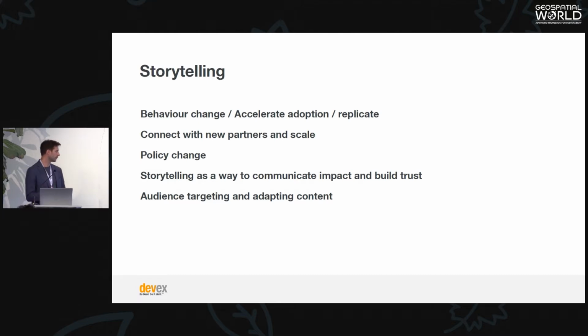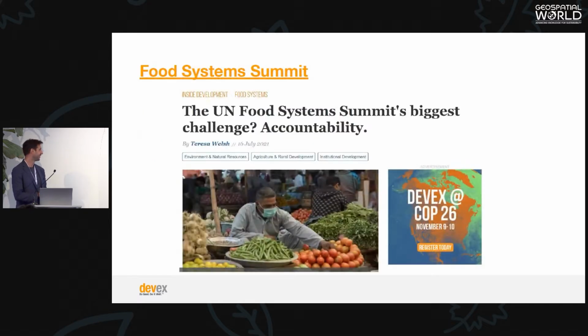And storytelling as a way to communicate impact and build trust. And then it's very important when you work with storytelling platforms or partners to make sure that you're working with the right platform that has the audience you're trying to reach and producing content that is speaking to the audience that you're trying to influence positively, ideally, right?